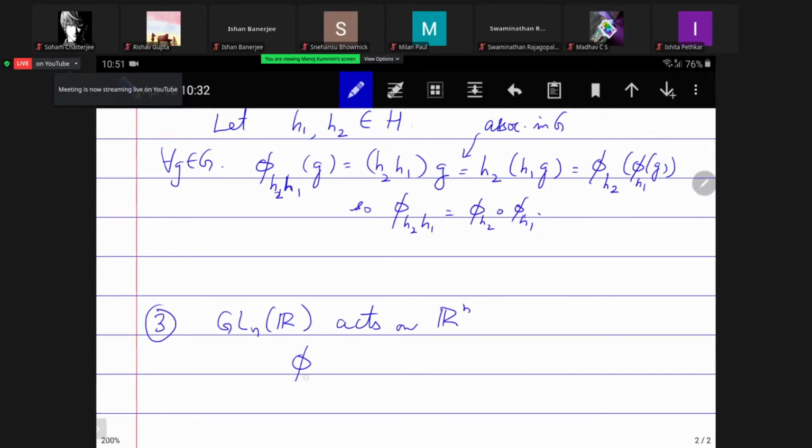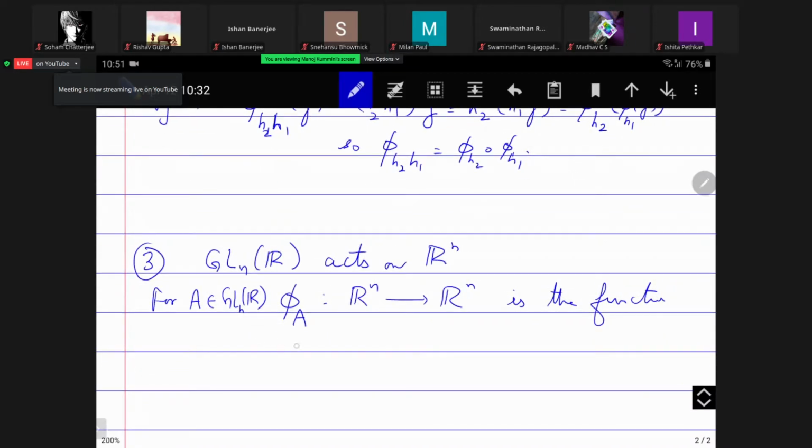Phi of a matrix A, for A inside GLnR, from Rn to Rn, is the linear transformation given by v goes to A times v.